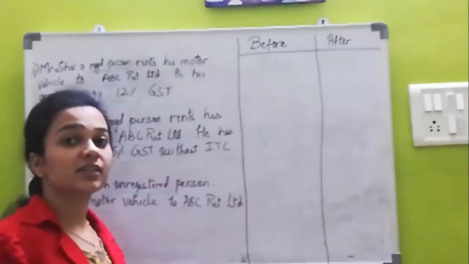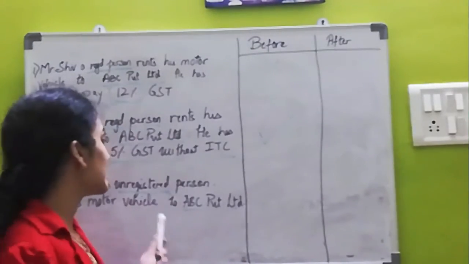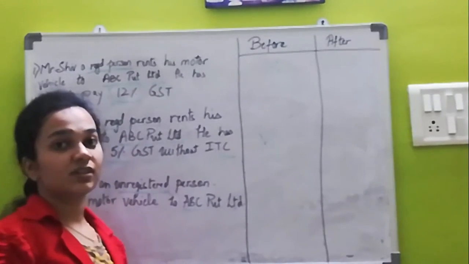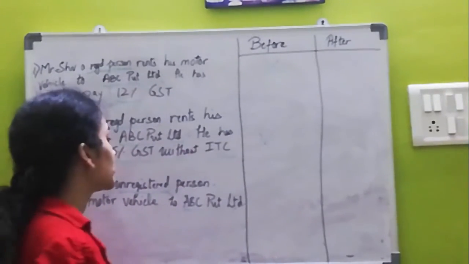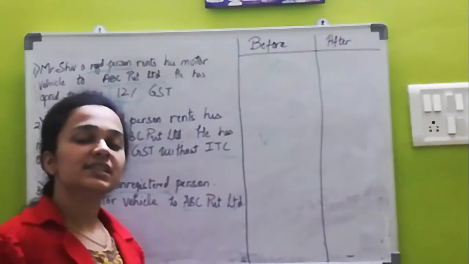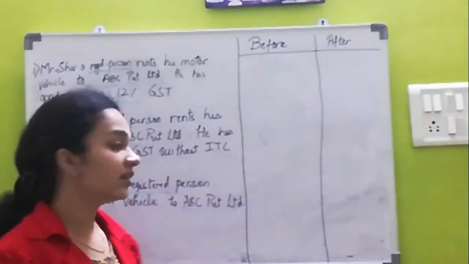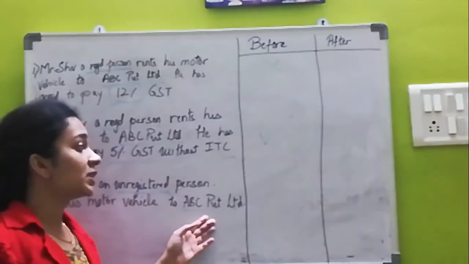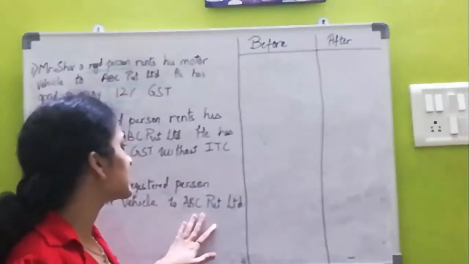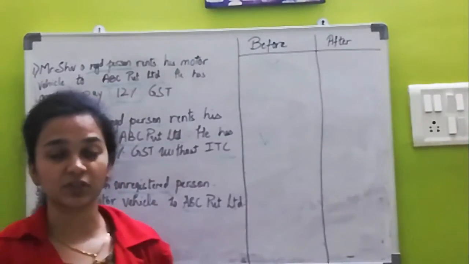He is a person other than body corporate, and the recipient is a body corporate. Now in this situation, you tell me whether the body corporate will have to pay tax on reverse charge basis or not, because they are receiving supplies from an unregistered person.